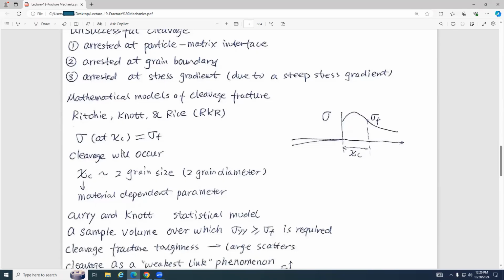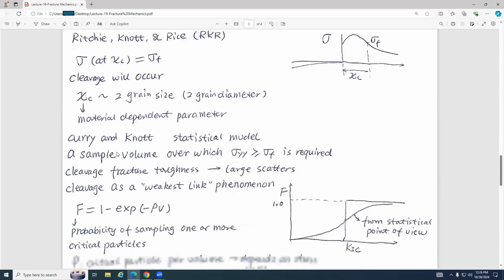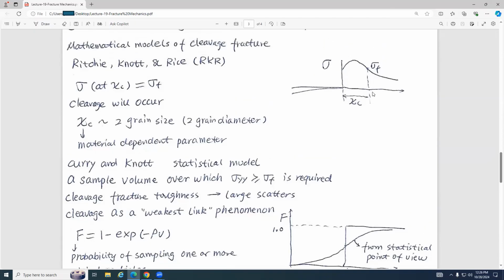So here is one model, and the second model is called the Curry and Knott model. This one is a statistical model, right? Statistical, and a sample. Sample means we have a bunch of things. A sample volume over which sigma y, in the y direction, is greater than sigma f.